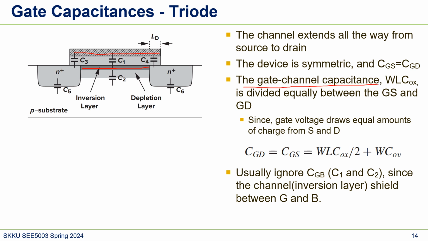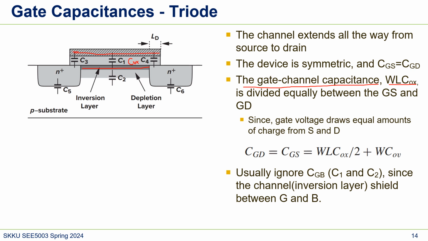gate channel capacitance, which is WLCOX. So COX is the value of this insulator, I mean the passivation layer, that has COX characteristic. You know, the area of the gate is W times L. So WLCOX is the gate channel capacitance.